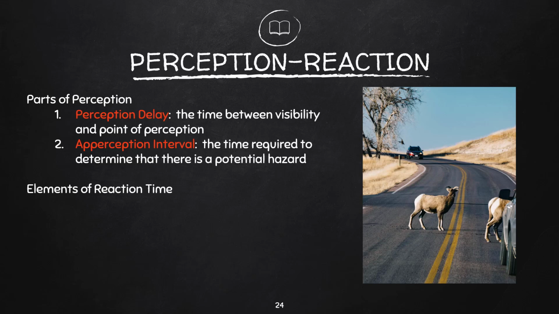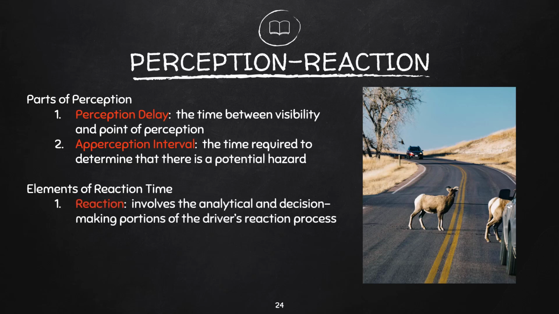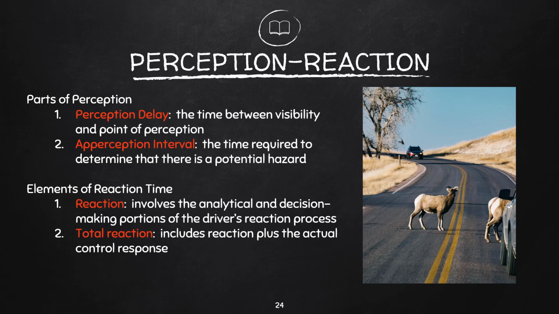The elements of reaction time are reaction, which involves the analytical and decision-making portions of the driver's reaction process, and of course, the total reaction, which includes the reaction plus the actual control response, or your action towards that specific stimulus.